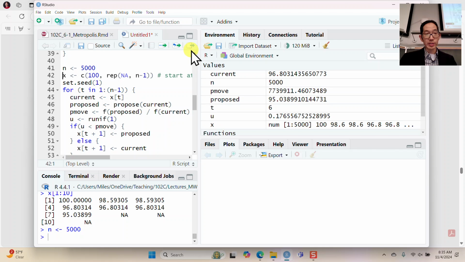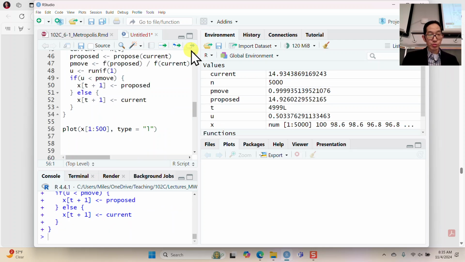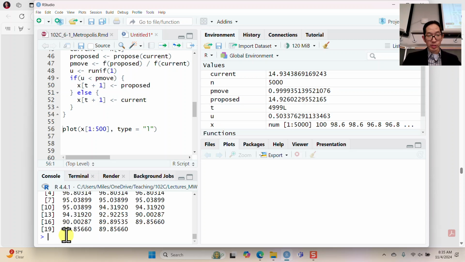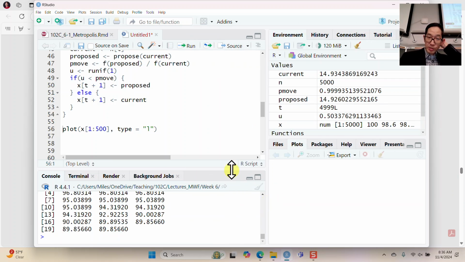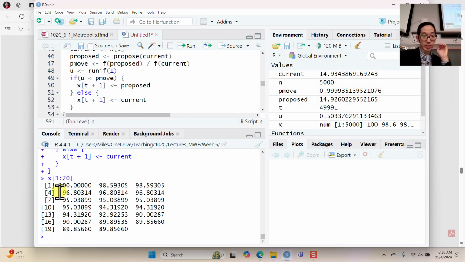I can look at my first 20 iterations. I start at 100, then I went to 98.6, 96.8, 96.8, 96.8, 95.03, 95.03, 95.03, 95.03, then 94.3, 94.3, 94.3, 92.9, 90.0, 90.0, 89.89, 89.85, 89.85, and so on.